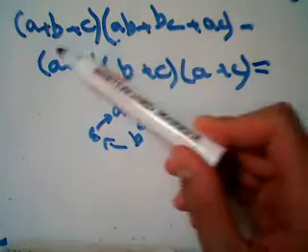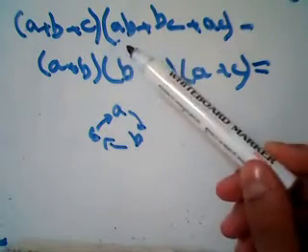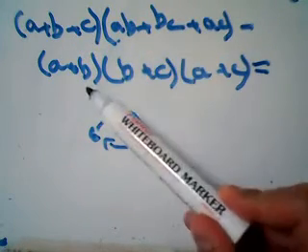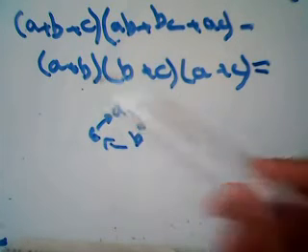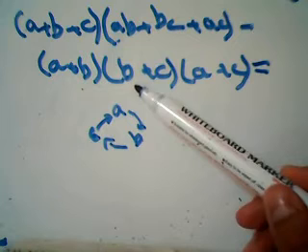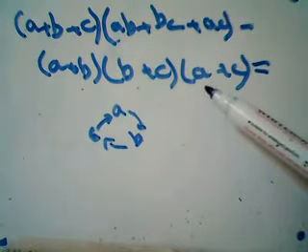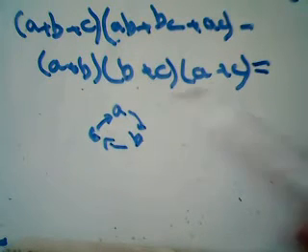This would be again A plus B plus C, this would be B plus C, this would be C plus A, and this would be B plus A. It's just a rearrangement of the terms.